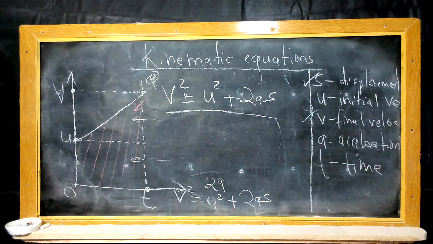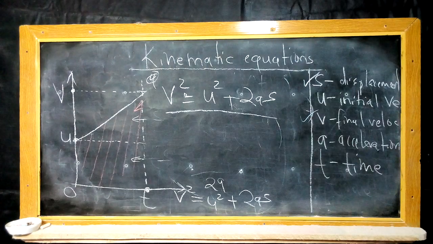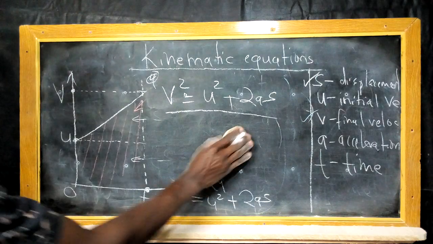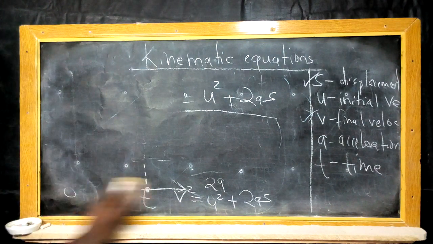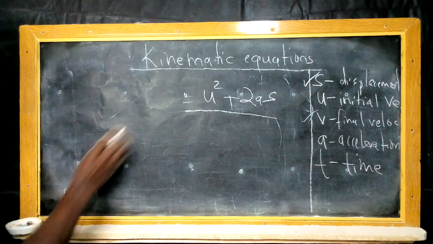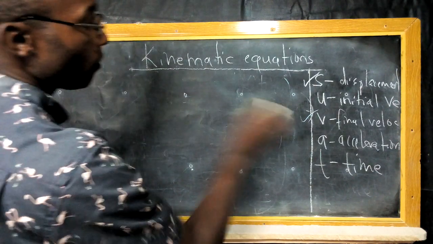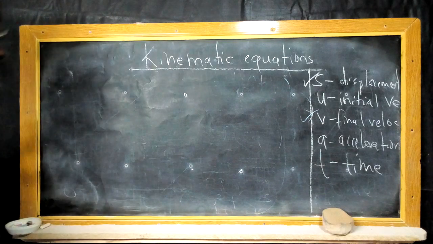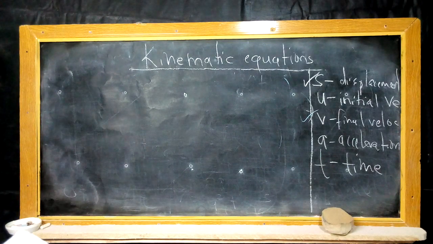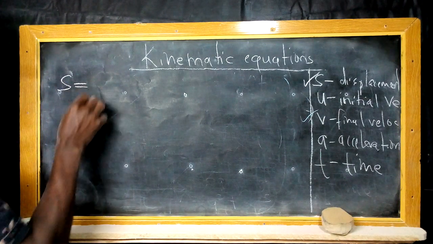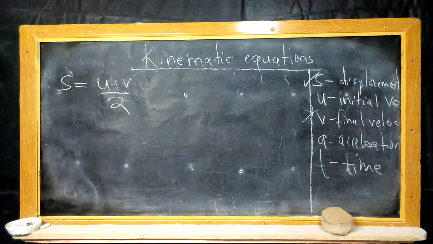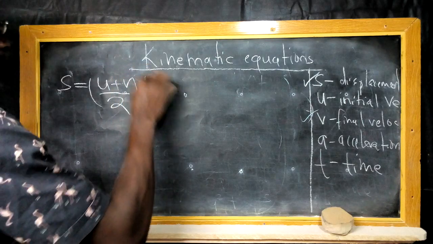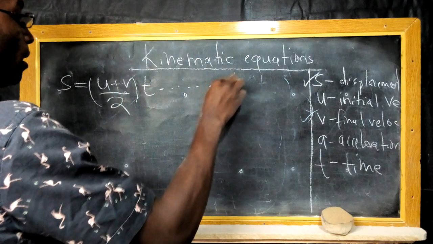In that case, these 4 sets of equations, I'm going to write them in summary and do away with this, so that we can see the 4 kinematic equations that we have been able to derive. Just leave those ones there. The first kinematic equation that we have derived was s is equal to u plus v over 2 into t. This was our equation number 1.